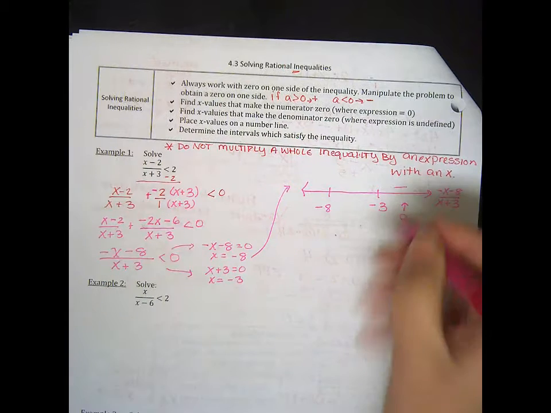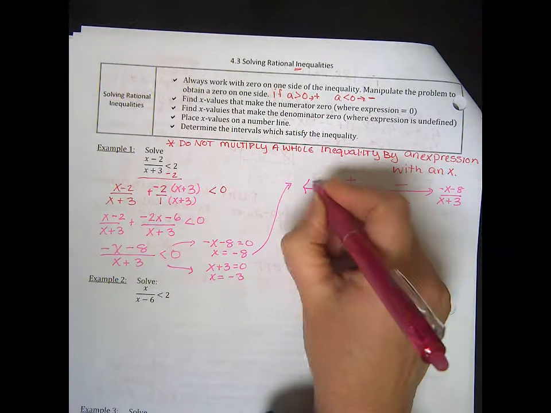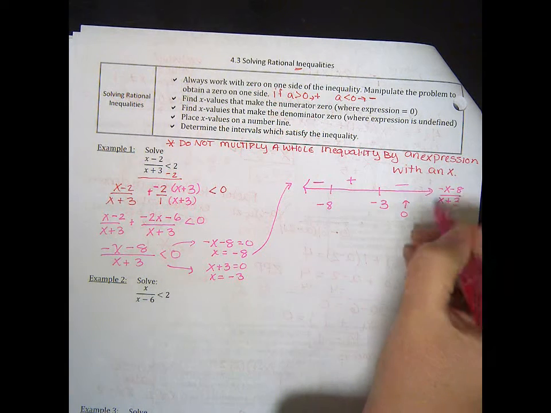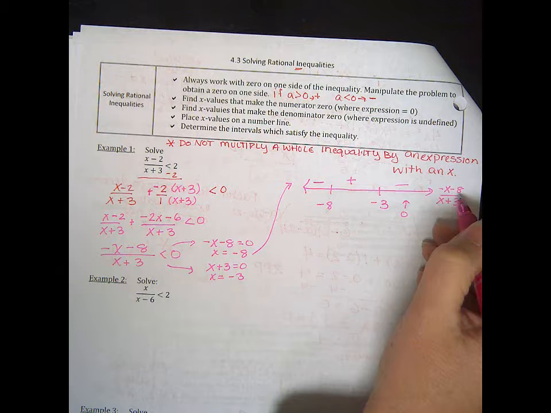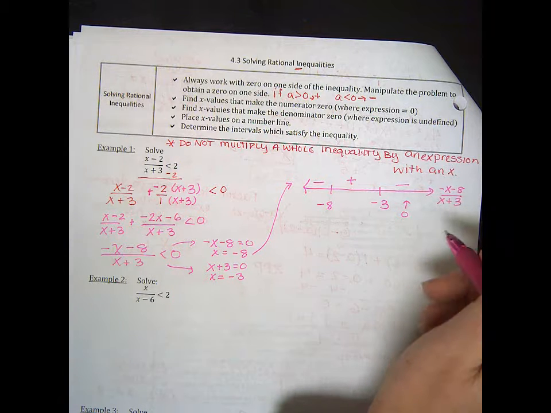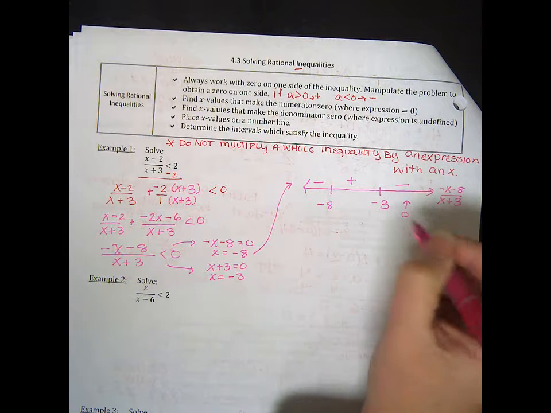Just like before, this is going to alternate every time unless you have two of the same factors, like if you had x plus 3 squared, an even amount of factors on one of them.